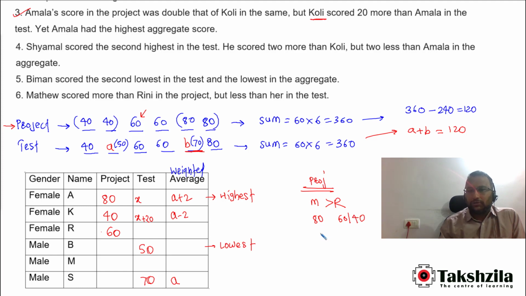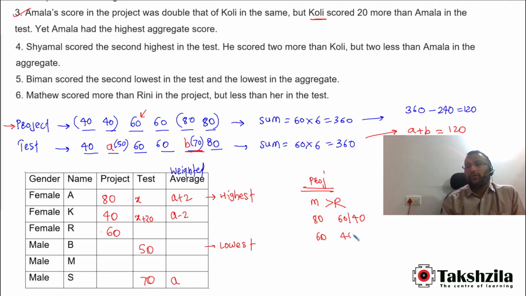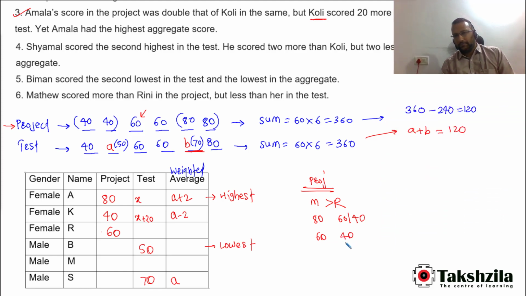If Matthew scores 60, in that case Rini is going to score 40. But we already know that Rini scored 60, which means Matthew should score 80 marks. So from this we can conclude that there is a group of A and M. Amla and Matthew will form one group because their project marks are equal.